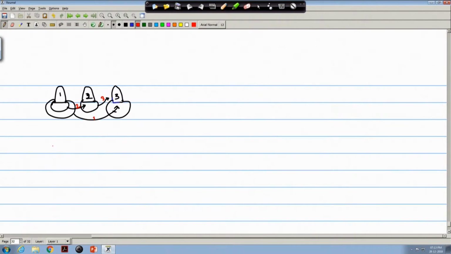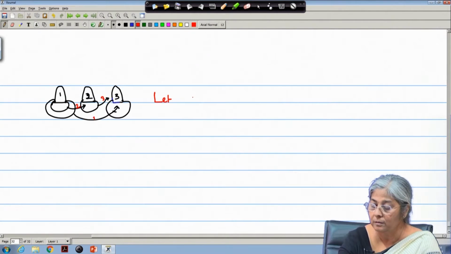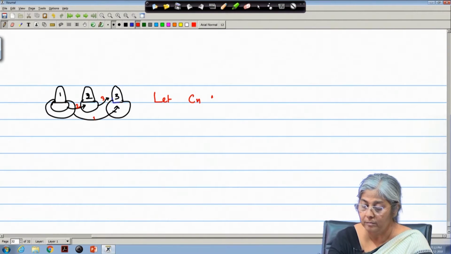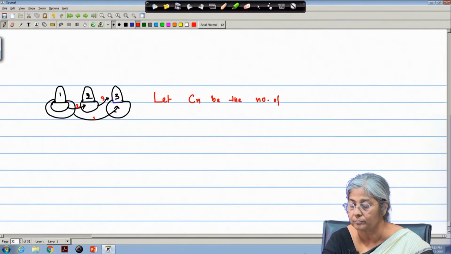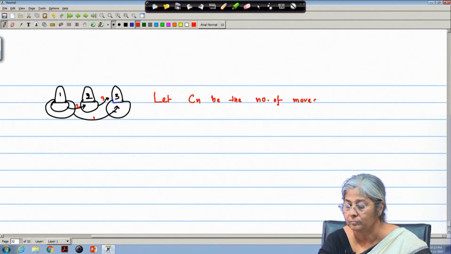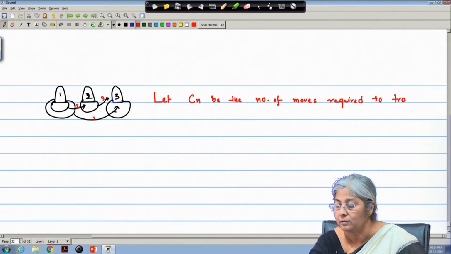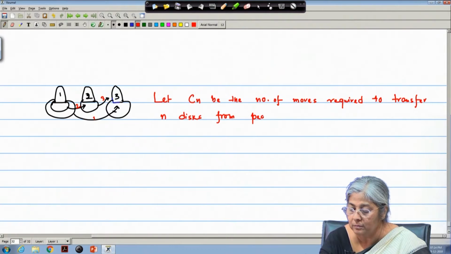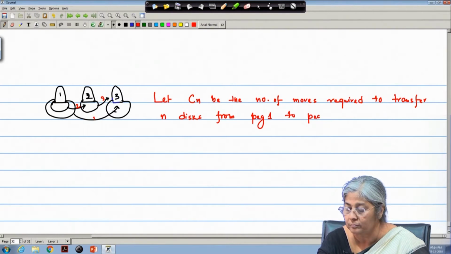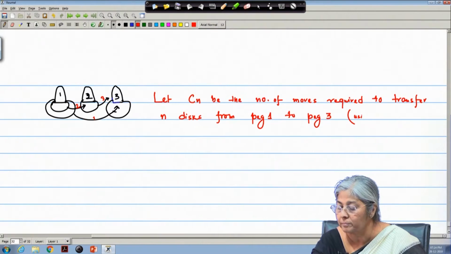So, the solution is, if we represent, let Cn be the number of moves required to transfer n disks from peg 1 to peg 3 using peg 2.